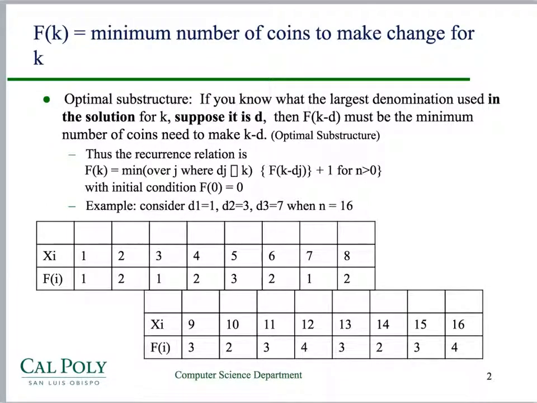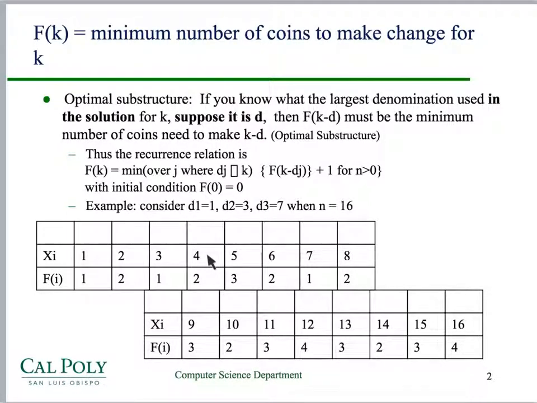So the denominations are 1, 3, and 7, and we want to solve this problem for n equals 16. If we need to make change for 1, that's pretty obvious, we just need 1 coin. So we start here at 1. That obviously takes 1 coin. 2 takes 2 coins. 3, now we have a denomination of 3, so that only takes 1 coin. 4, now this is sort of the first interesting one. What do we have to do here?